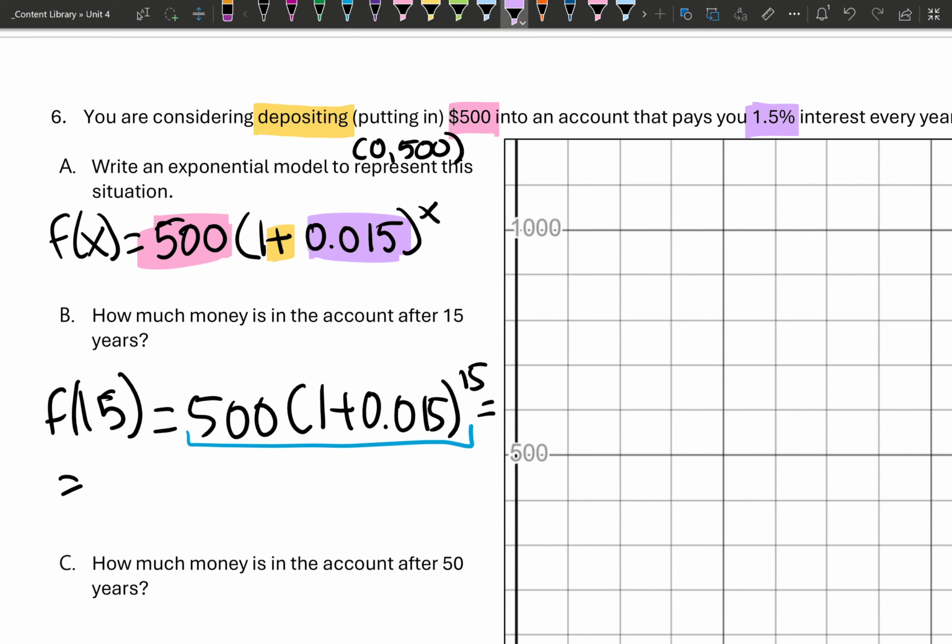Because the more money you have, the bigger the interest you'll get, which is still not a lot, but like I said, is something. Okay, after 15 years, we will have $625.12.